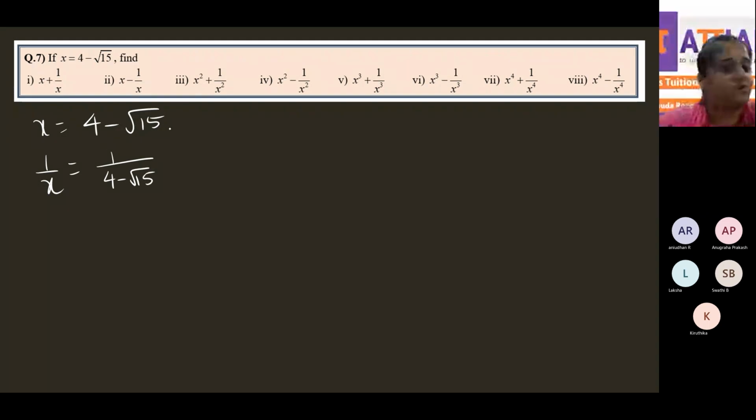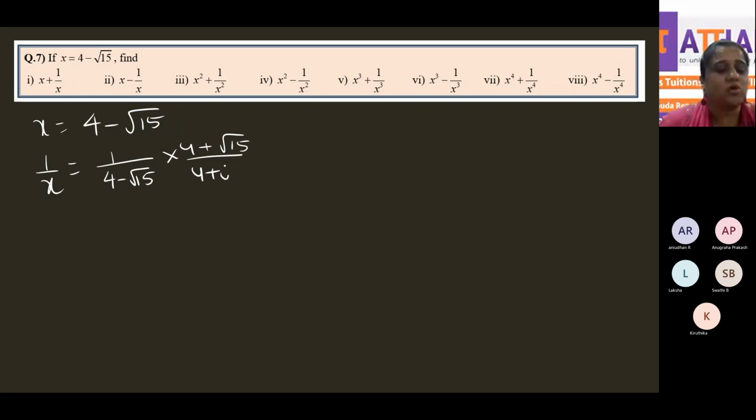The reciprocal of x is 1 by x. Now the denominator is irrational, so we have to rationalize it. So it will be into 4 plus root 15 by 4 plus root 15.